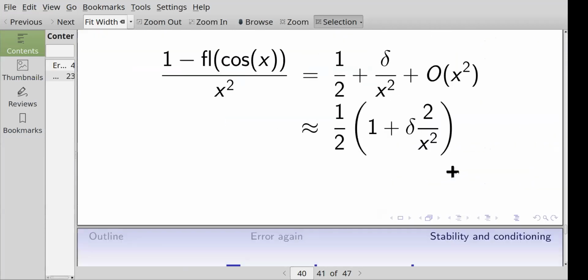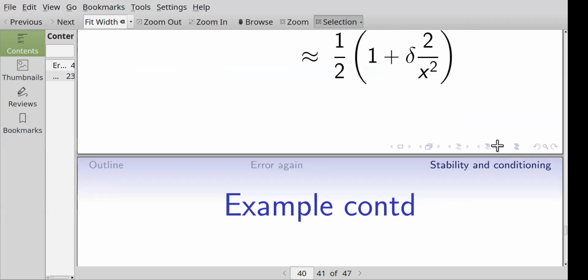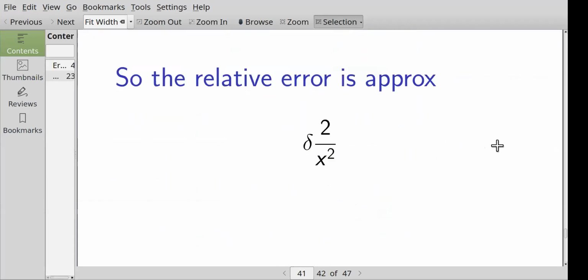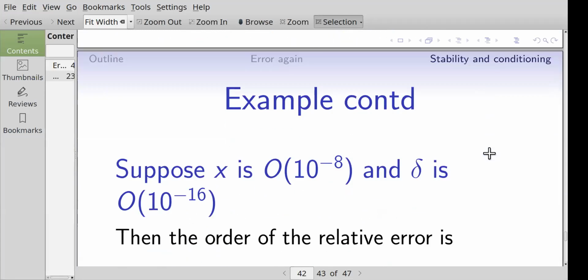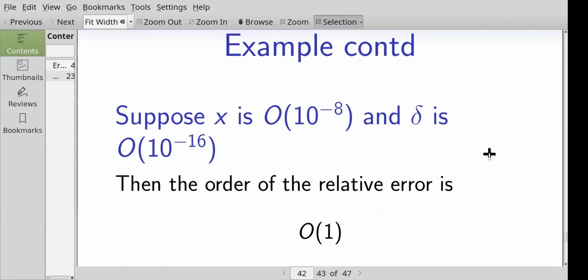So what's the relative error? Remember, the 1 plus something, that something is the relative error. So the relative error is approximately delta times 2 over x squared. What's happening as x gets very small? The magnitude of the error just explodes.